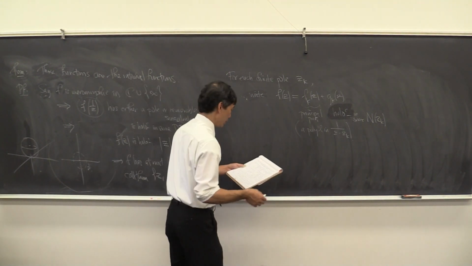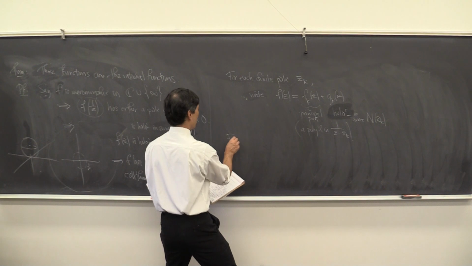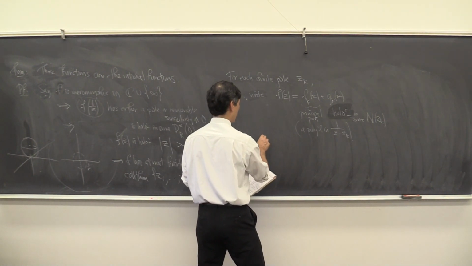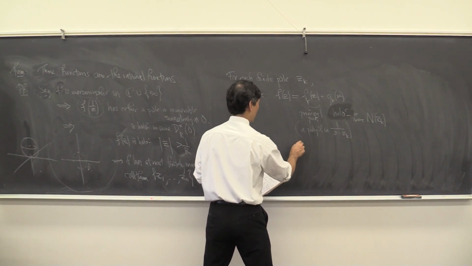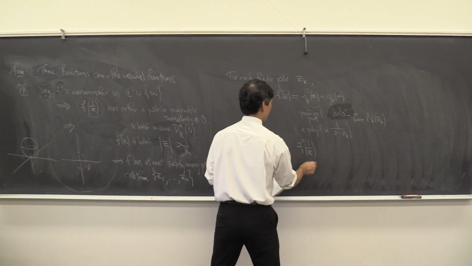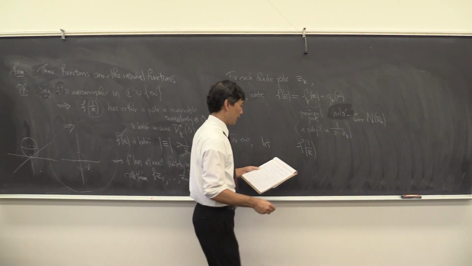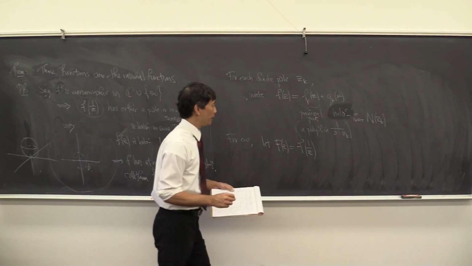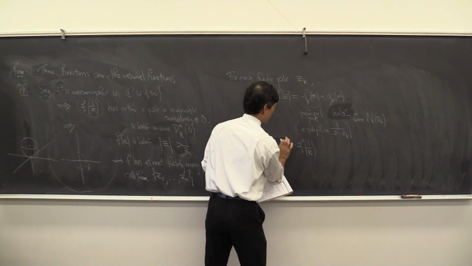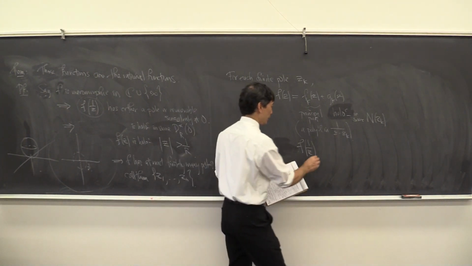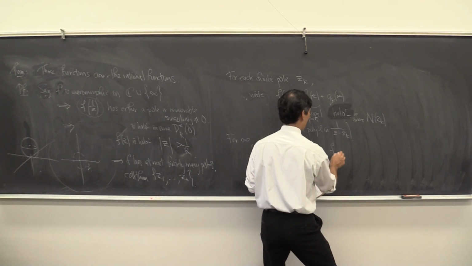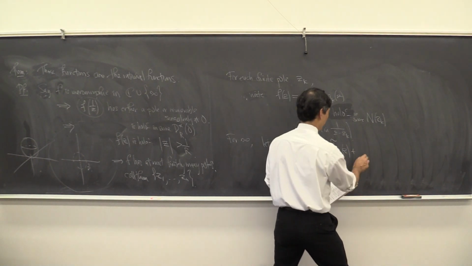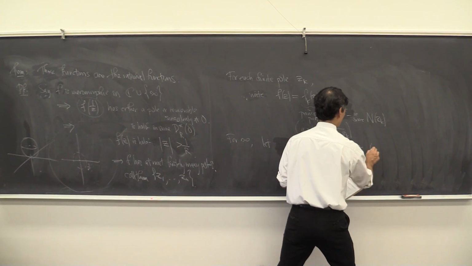Okay, and then you do something similar for the infinite part. So for infinity, you look at f of 1 over z and write it as f twiddle infinity of z plus g twiddle infinity of z.